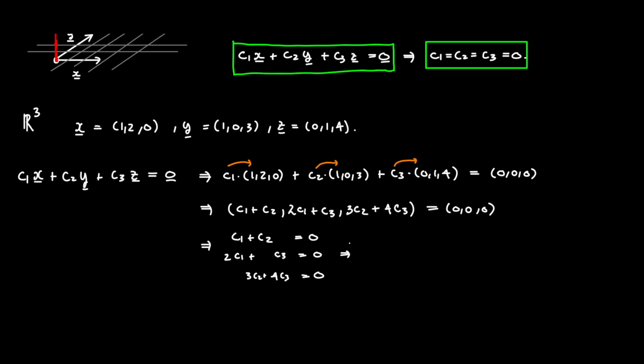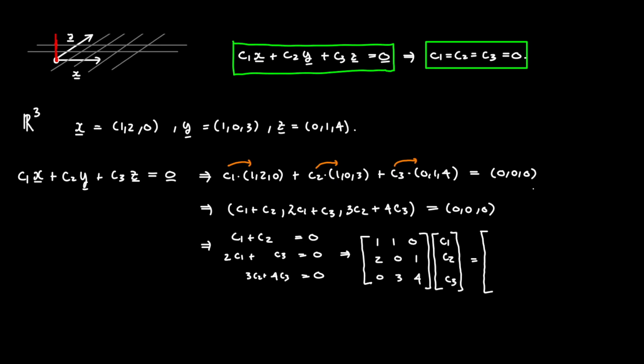This here can be again turned into a matrix equation. In this case, it just becomes this one. So 1, 1, 0, and then here we're going to have 2, 0, 1, and then 0, 3, 4. Okay, so this matrix multiplied by this vector here, C1, C2, C3. This must be equal to the 0 vector.